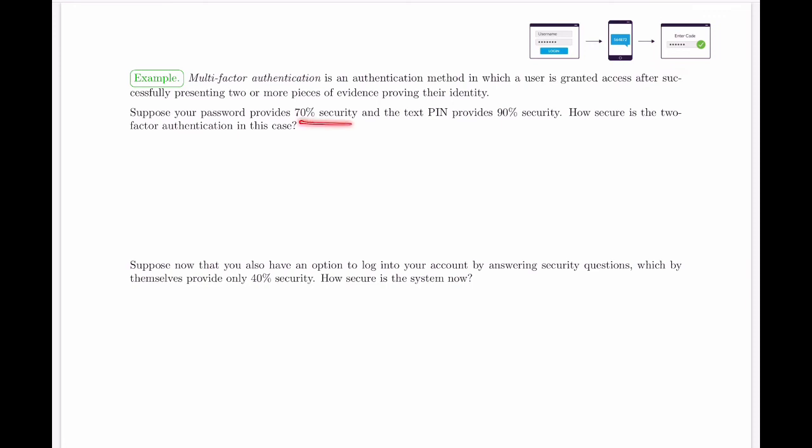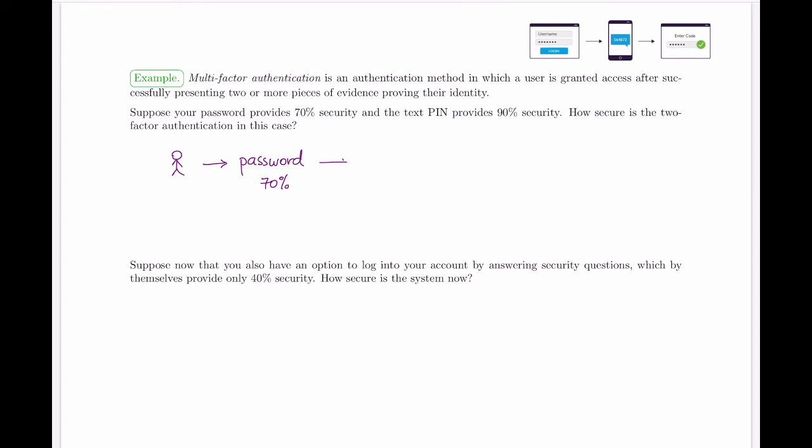So here's a simple example. Suppose it's you, the user, and in order to access the system, you're going to have to provide a password and a text PIN. We know that password security, in this particular case, provides about 70% of actual security. So in 70% of the cases, your password is going to be safe, and a hacker only has about a 30% chance of guessing it properly.